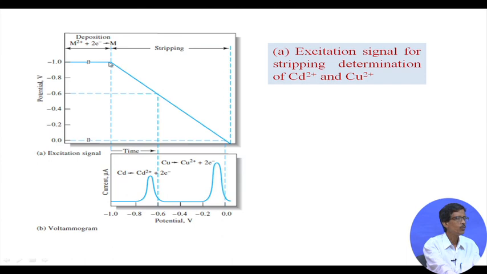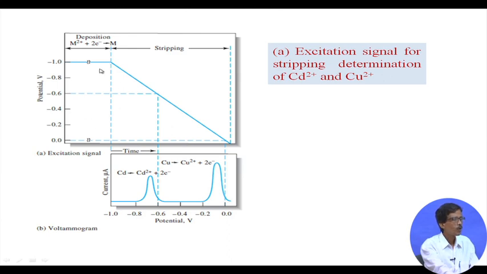Then you go for this one. This was your cathode, and then you go for the corresponding anode. Anode means you scan the potential, because what we are talking about is the differential pulse technique. On the electrode surface you get stripping, and you record the voltammogram due to the oxidation of the species like cadmium 0 and copper 0 deposited on the electrode surface.